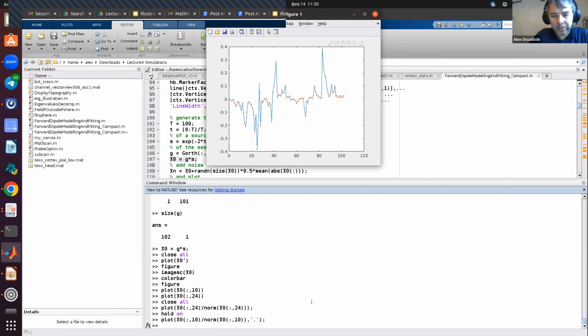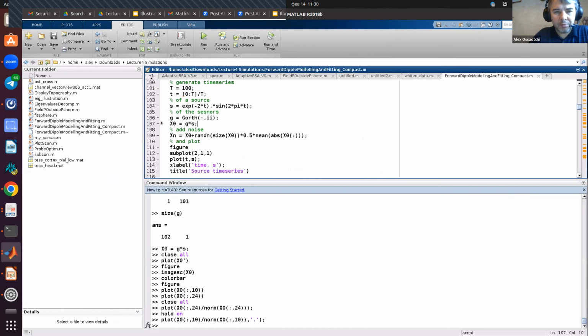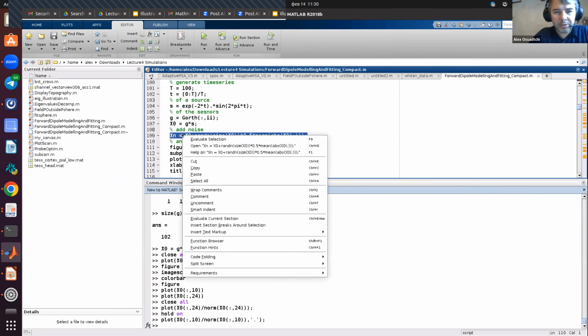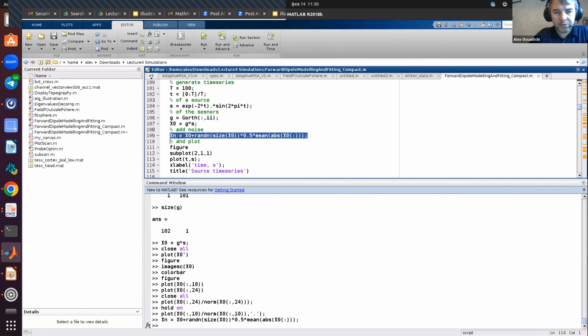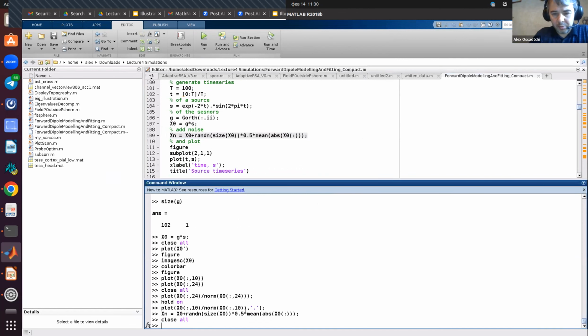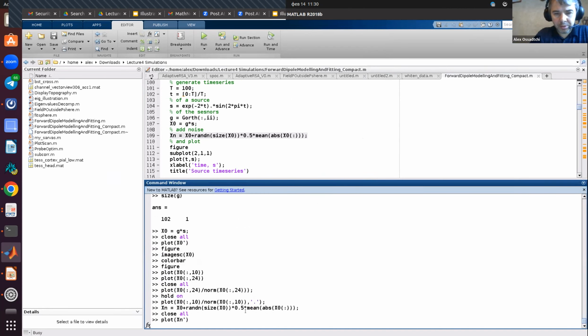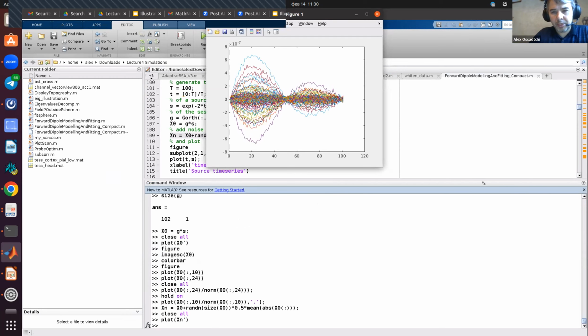But now assume that I add some noise to this matrix, like we do here: X noisy is equal to x0 plus some amount of noise. If we plot this xn, we get something like this.